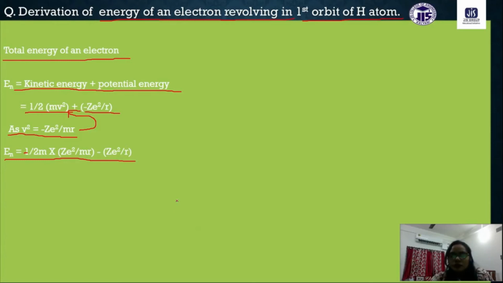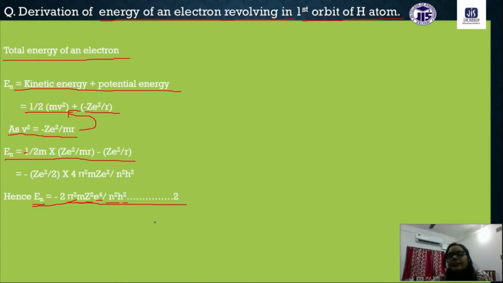Now we will get minus Z square e square by 2 into 4 pi square m Z square by n square h square, and our final equation will be this one: En equals minus 2 pi square m Z square e to the power 4 divided by n square h square. Here En is the energy of the electron, pi is a constant, m is the mass of the electron, Z is the atomic number, e is the charge of the electron, n is the quantum number, and h is the Planck constant.